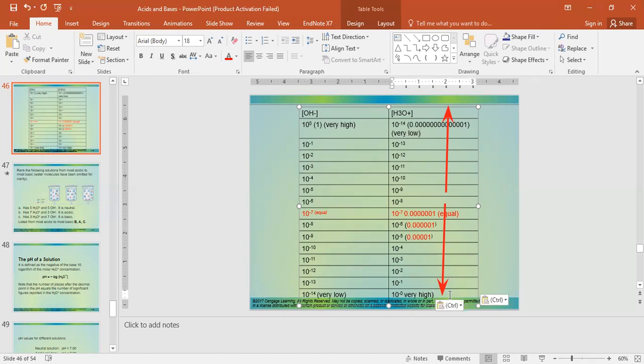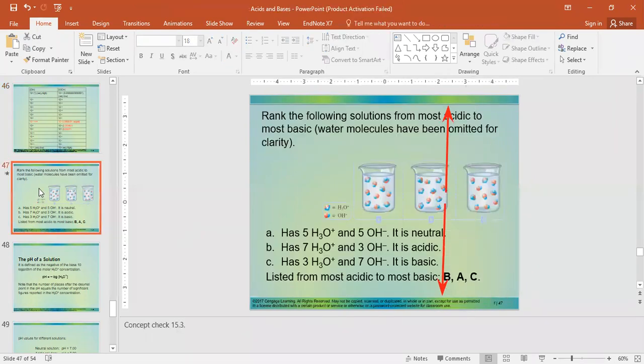So as the concentration of one increases, the concentration of the other must decrease so that the product of the two concentrations is 10 to the power minus 14. Any other question? No, thank you. So can we continue? Is it understood now? Yes. Okay, thank you. So I go to the next slide.